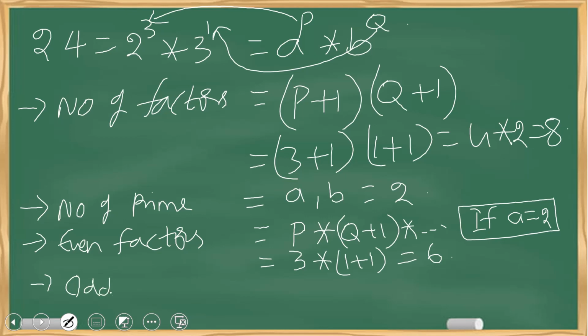odd factors. So, how many are odd factors here? Again, you need to consider only 1 here, into q plus 1. That is equal to, for this question I am telling you, 1 into 2.